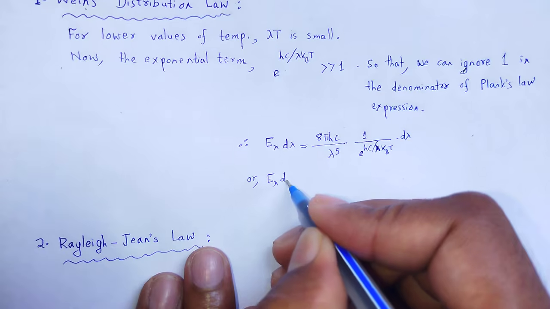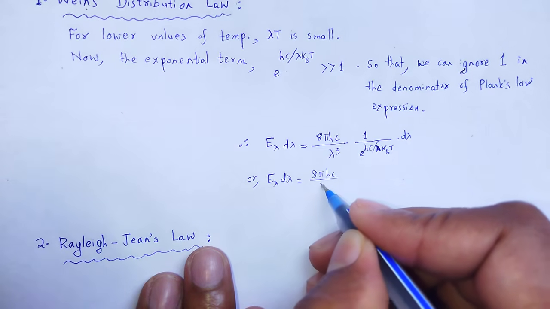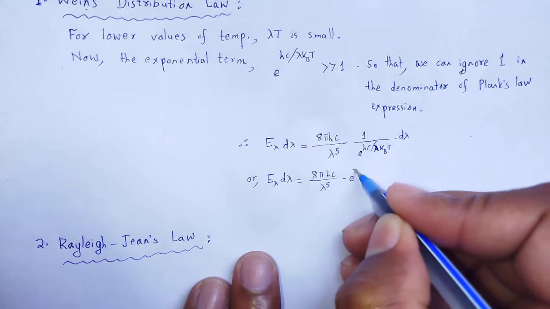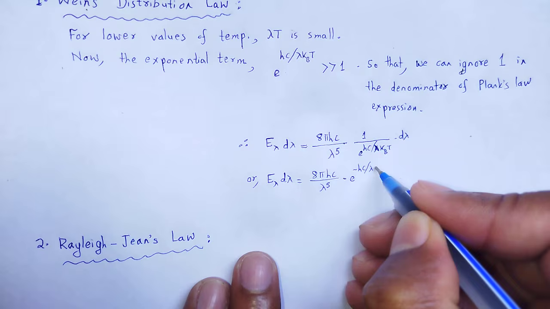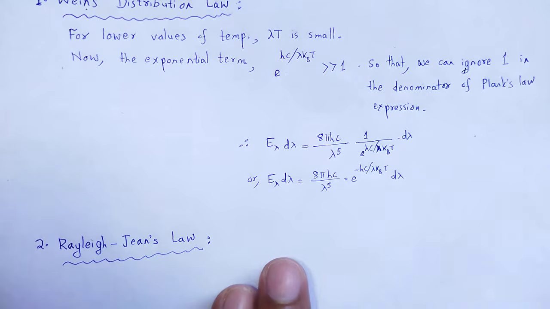So, E lambda d lambda is equal to 8 pi h c divided by lambda to the power fifth e to the power minus h c divided by lambda kBT d lambda.